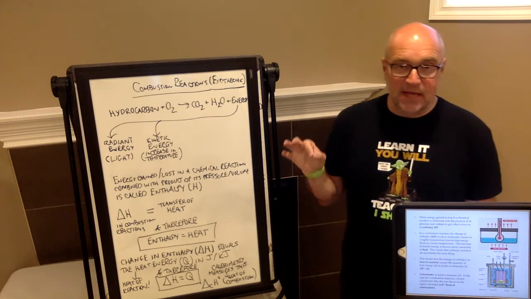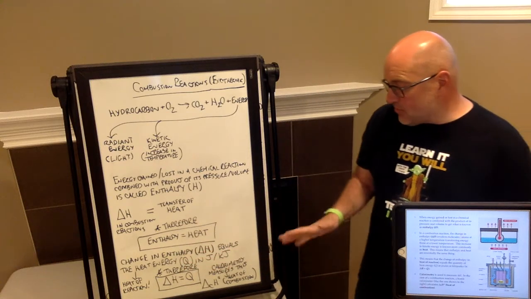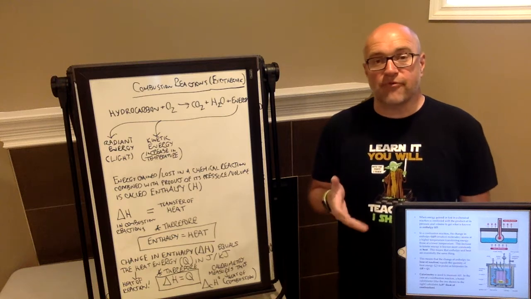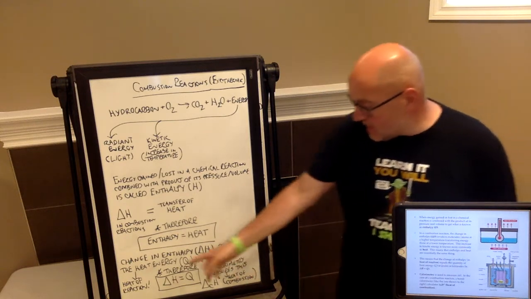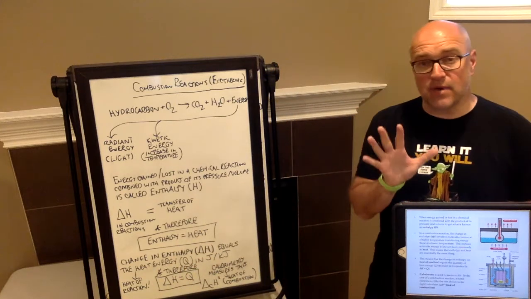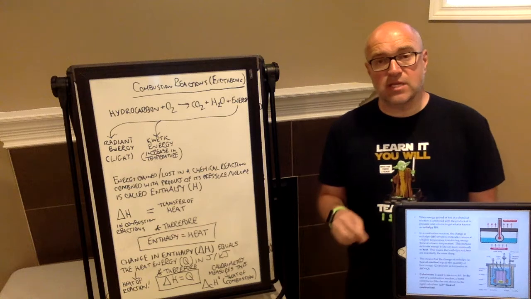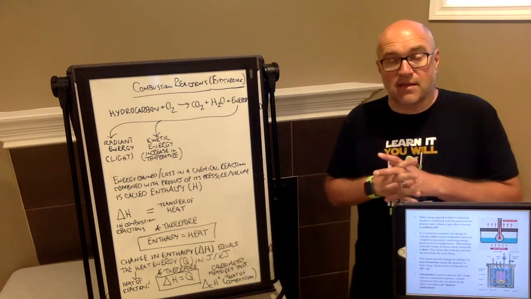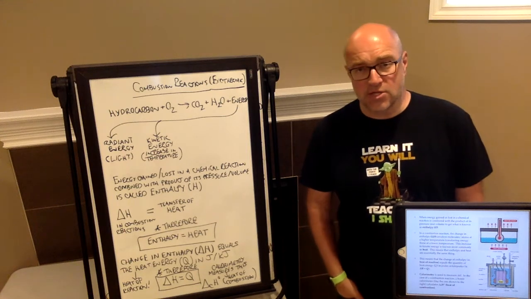So the change in enthalpy, delta H, equals the heat energy, which is referred to as Q. When we refer to a change in heat energy, or the heat of the reaction, delta H is going to be equal to Q, and Q, because it's energy, is going to be in the units of either joules or kilojoules.